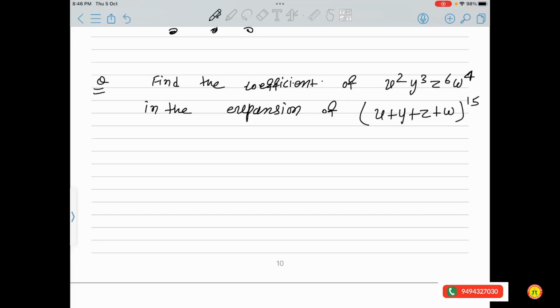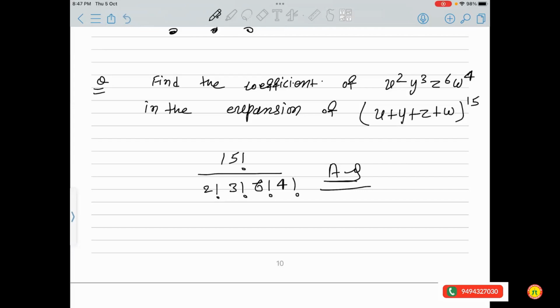So your answer will be 15 factorial upon directly 2 factorial, 3 factorial, 6 factorial, 4 factorial. This is the answer. You can say easily, directly.